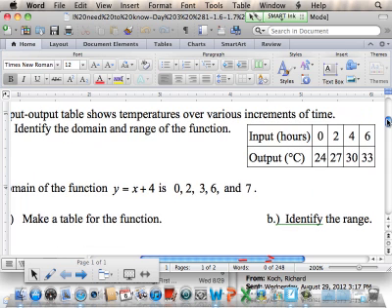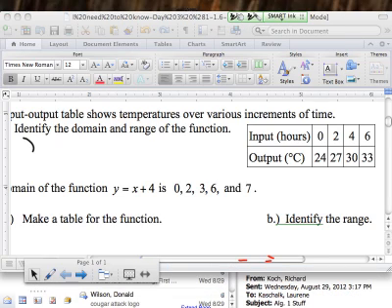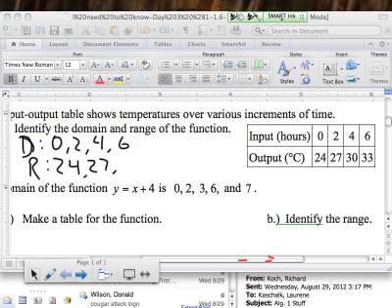Okay, it says the input-output table shows temperatures over various increments of time. Identify domain and range. Okay, so in this particular example, pretty straightforward. The domain is the set of all inputs. Okay, so your inputs are 0, 2, 4, and 6, and your range is the set of all outputs, which in this case are just 24, 27, 30, and 33.